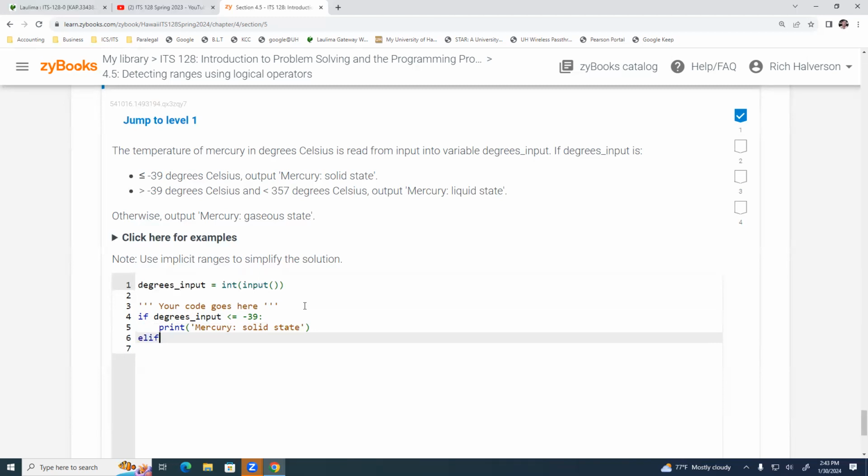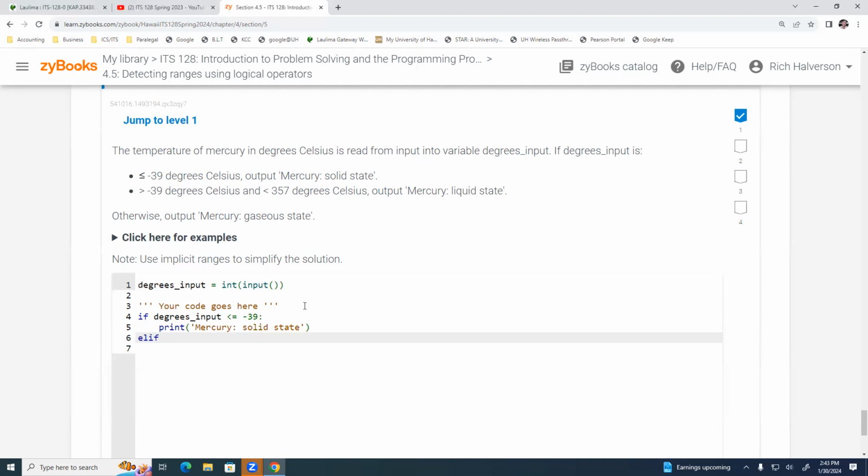So if it gets to here, we know that mercury is greater than minus 39 degrees. So we don't have to test if it's greater than minus 39 degrees because we already know it is.